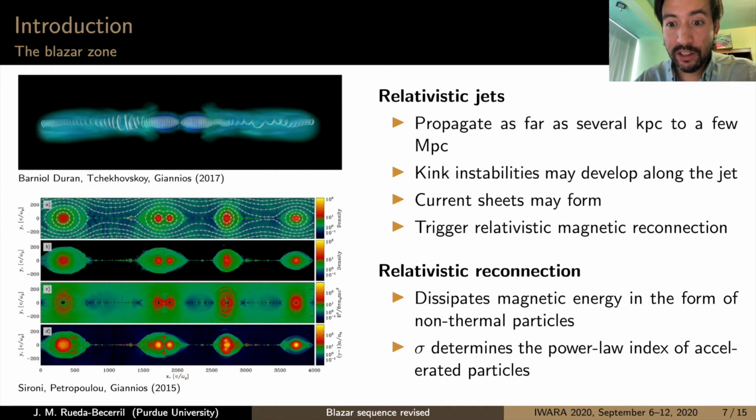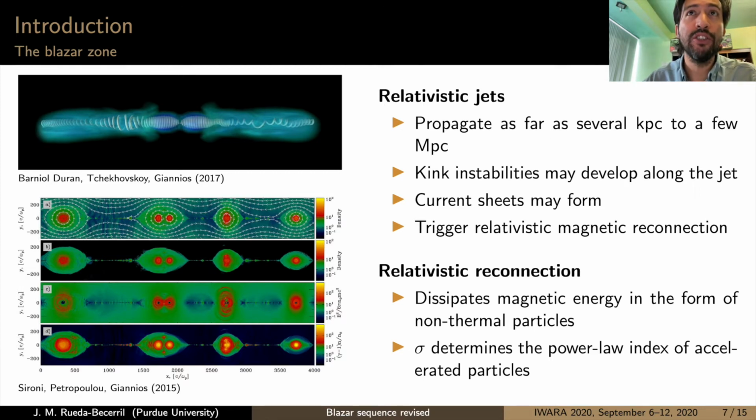Relativistic reconnection is a process that has been shown to be a perfect dissipator of magnetic energy into non-thermal particles, meaning that this process accelerates electrons into a power law distribution, where the magnetization determines the power law index of the accelerated particles.